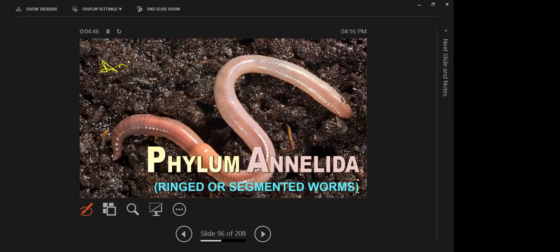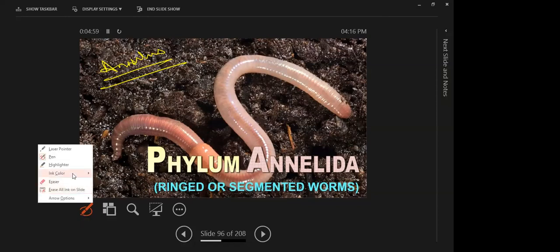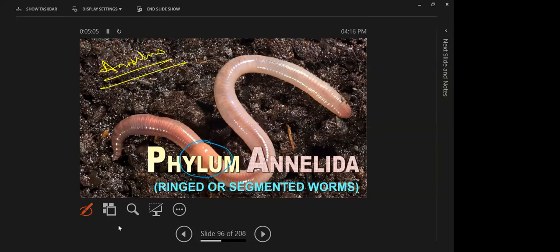So they are segmented worms, and all of you take a look properly here. There is a particular portion which is not segmented, and that portion is called the clitellum. Can you see here? Only in earthworm. So we are talking about earthworm now.